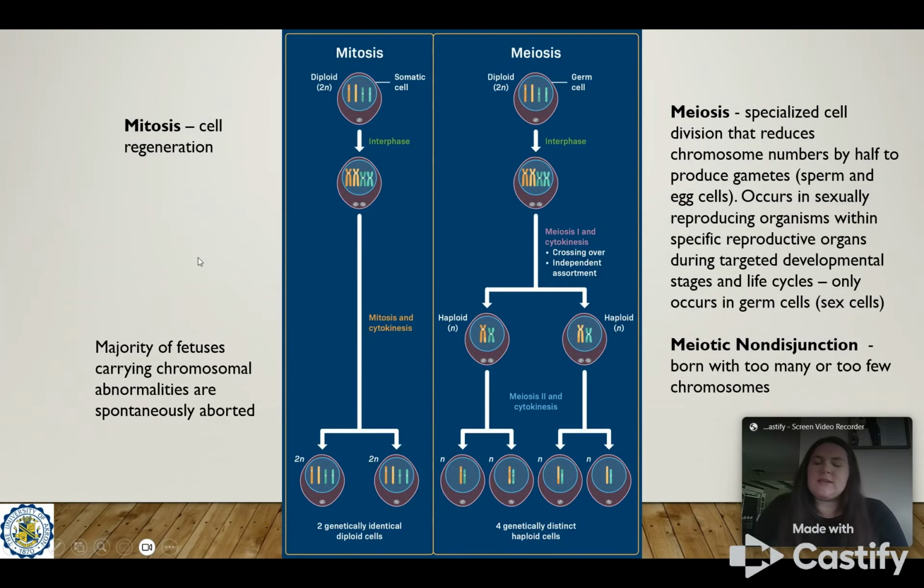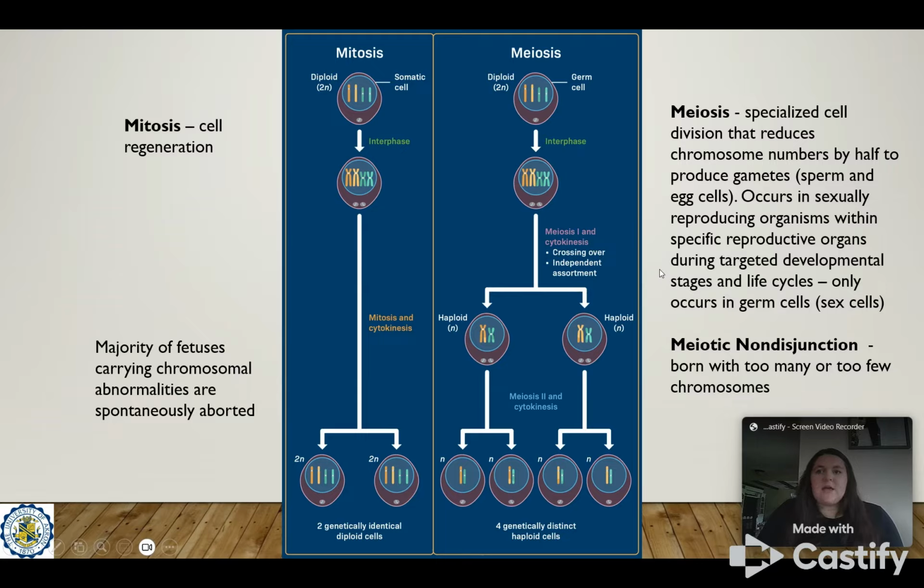Our chapter goes really in depth about mitosis and meiosis, and these are how our cells split and make new cells, okay? So mitosis is when cells are regenerated. This is when a cell duplicates its DNA and divides into identical copies, okay?